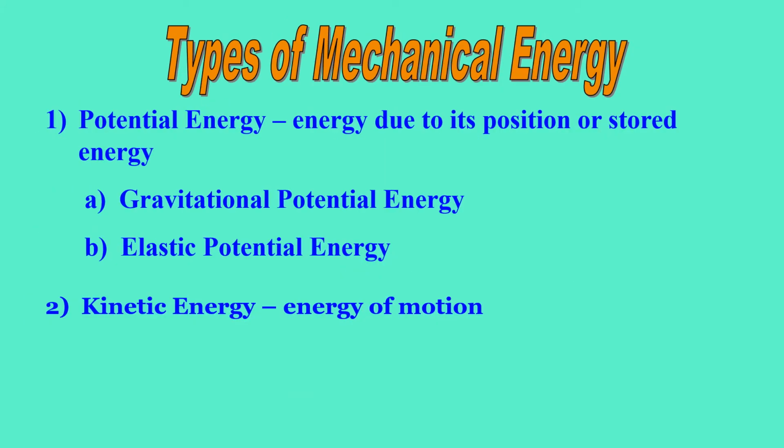The types of mechanical energy are: one, potential energy. This is energy due to position, or stored energy. And this is further subdivided into gravitational potential energy and elastic potential energy. And the second type of mechanical energy is kinetic energy, which is energy of motion.